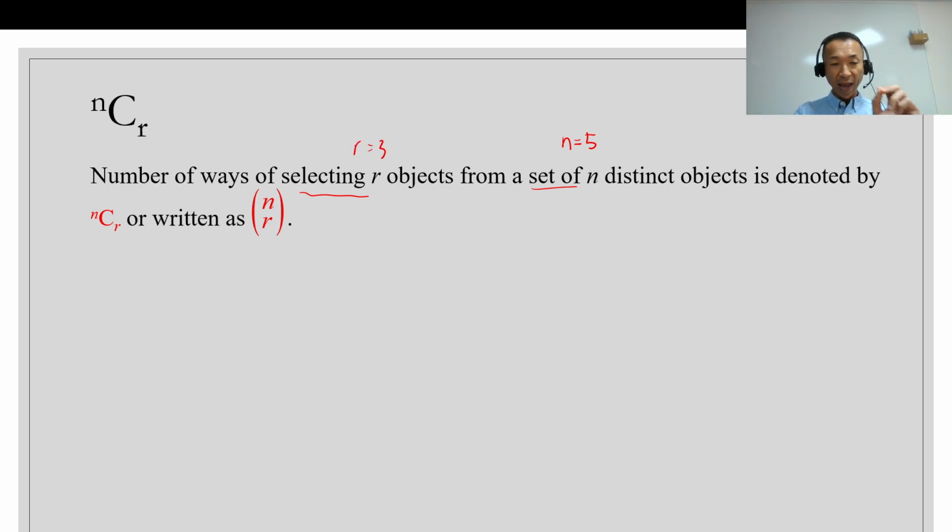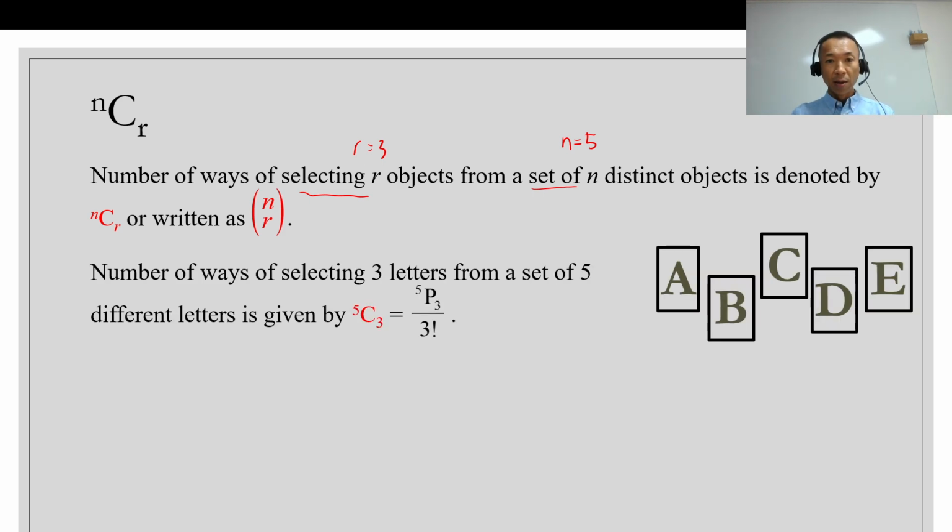We denote this by nCr. How do I find nCr? Later I come to it. But just now we used this example, the number of ways of selecting 3 out of 5, and we denote it by 5C3. And 5C3, as we have shown earlier, is actually you permute first, then you divide by 3 factorial. We have seen it earlier.